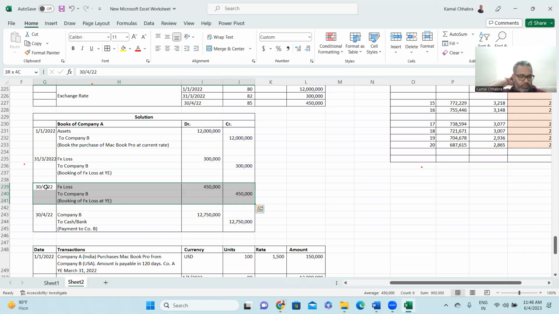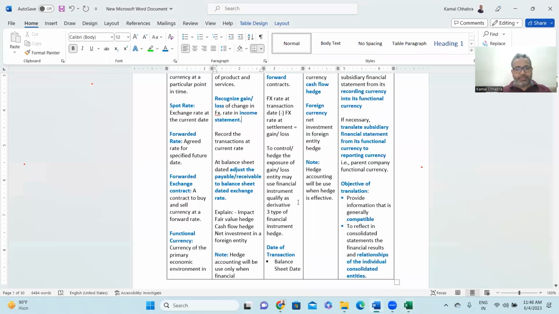Kashish, Gurmeher, Santrupti? Sir, the balance sheet date will be 31 March, right? So on 31st March we have adjusted the exchange rate. Yes, sir. And we book the loss in the income statement, or if there is a gain, that also goes to the income statement.